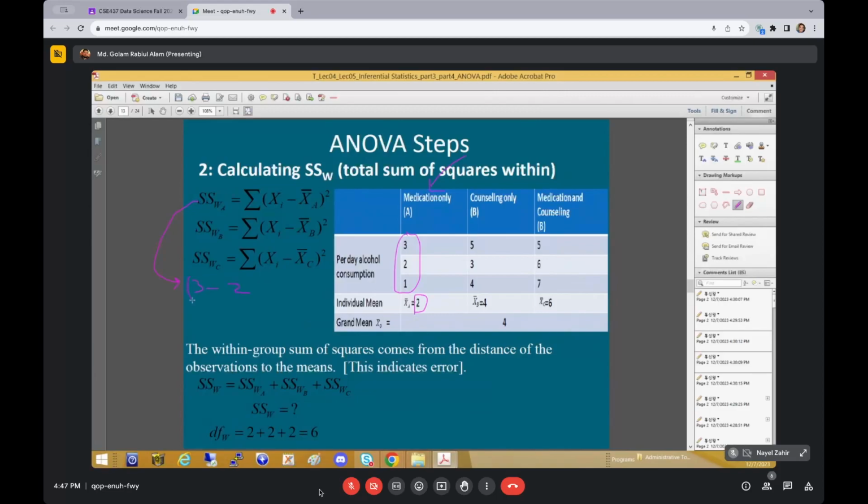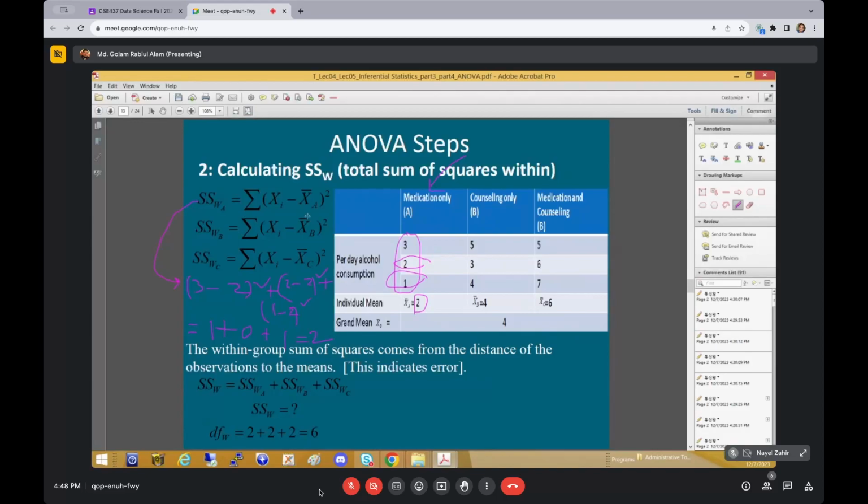So 3 minus 2 squared, plus the next one is 2, so 2 minus 2 squared, plus 1 minus 2 squared. So 3 minus 2 is 1, 1 squared is 1, plus 0, plus 1 minus 2 is minus 1, squared is 1. So it is like 2.